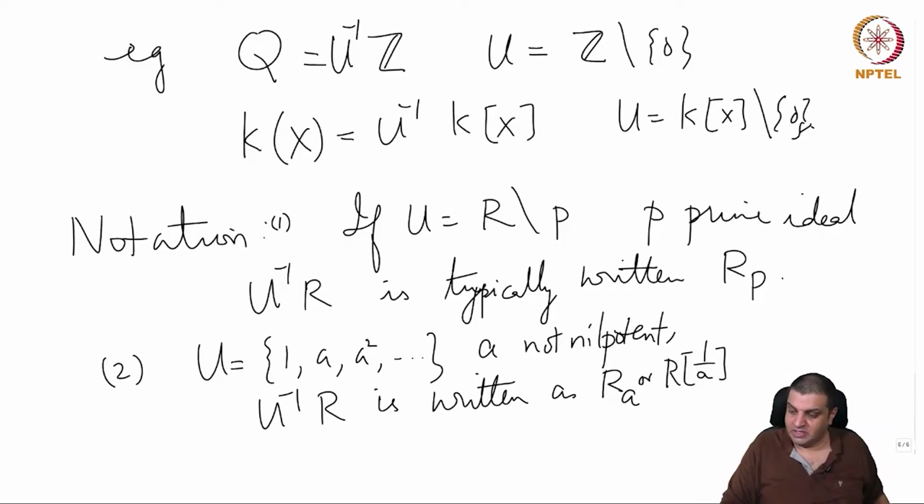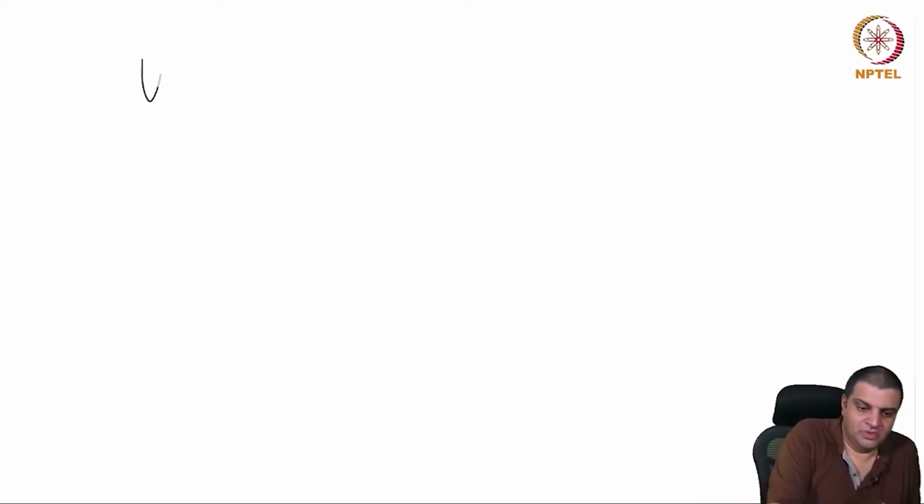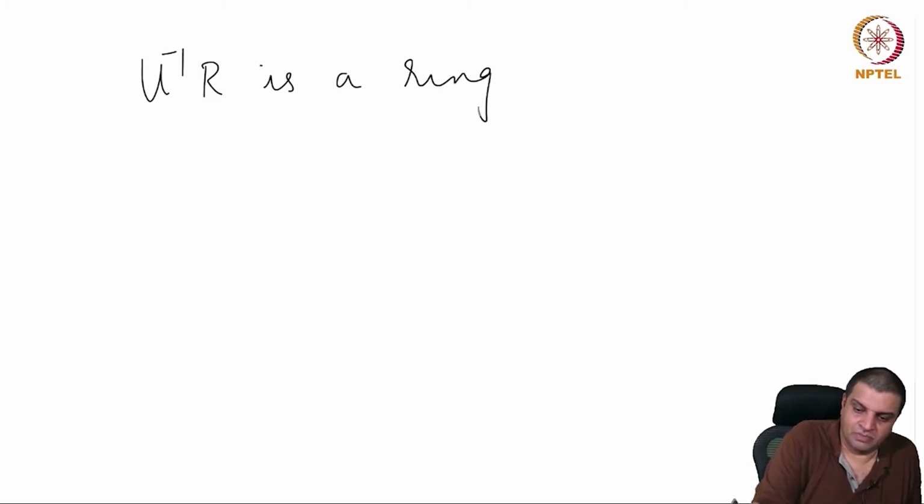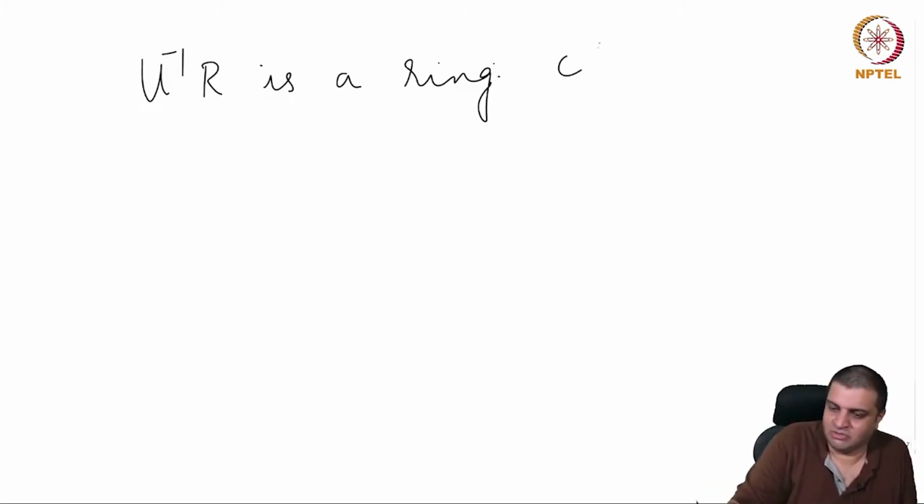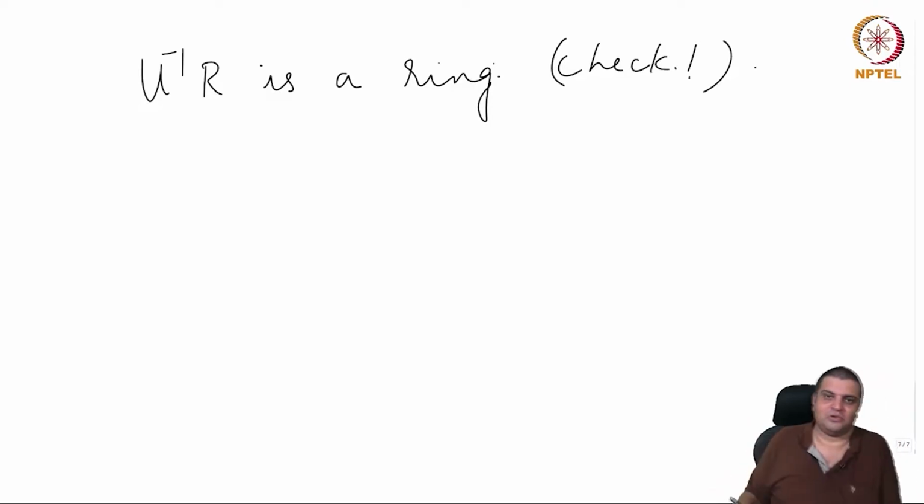But why are we studying this? U inverse R is a ring. Please check, this you should check. Not very difficult at all. You just keep in mind how one should add fractions.